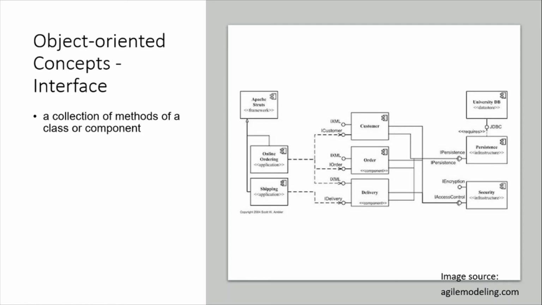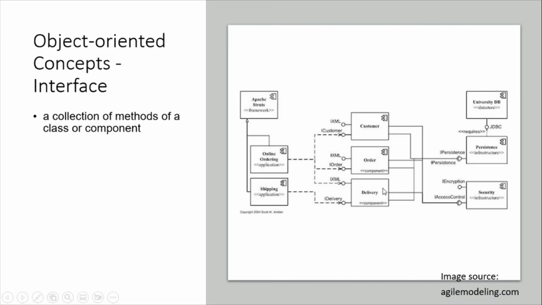So in this example, we do have the customer and the order and the delivery as classes. And what are the methods or the services that can be attached to them? The online ordering and the shipping.